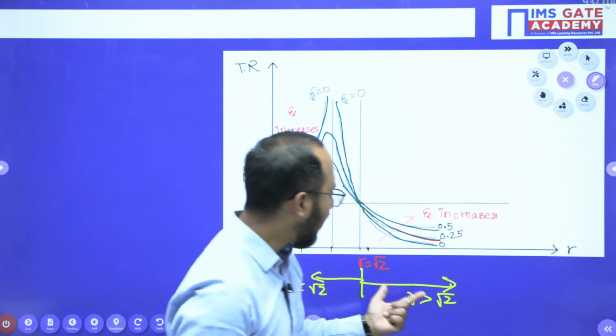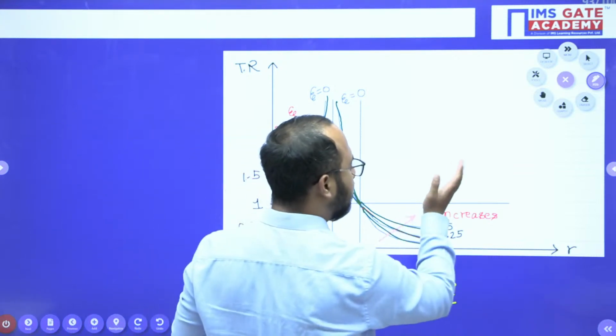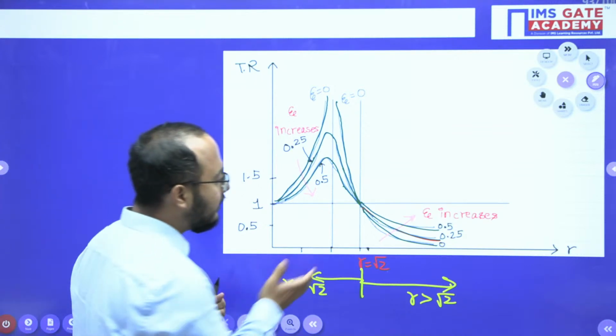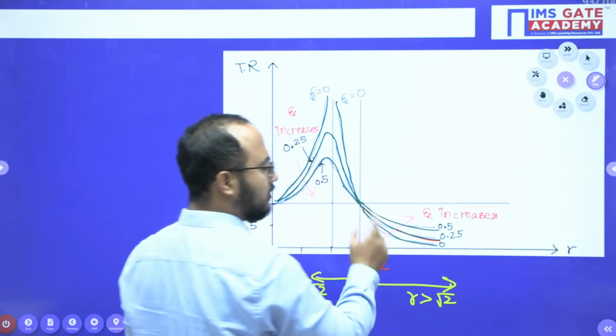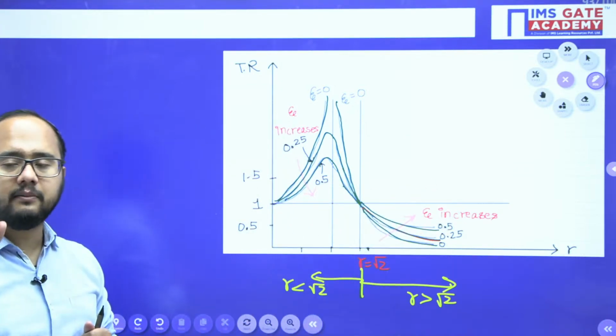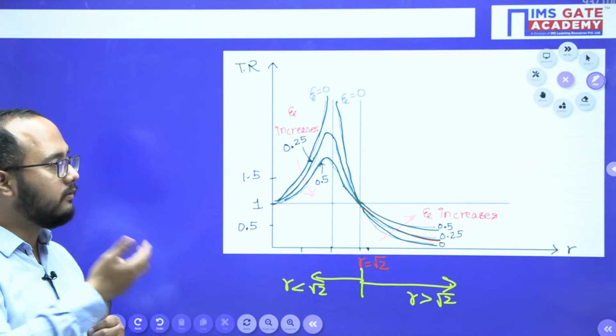Let's suppose R is greater than root 2. As the value of psi increases, damping factor increases, transmissibility increases. That is a very bad part, very detrimental to our system.